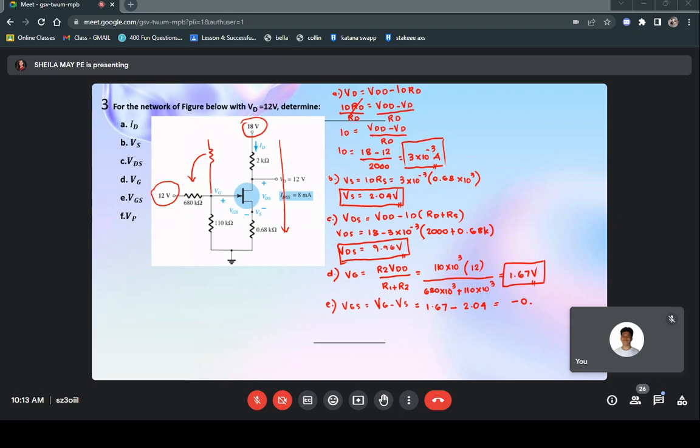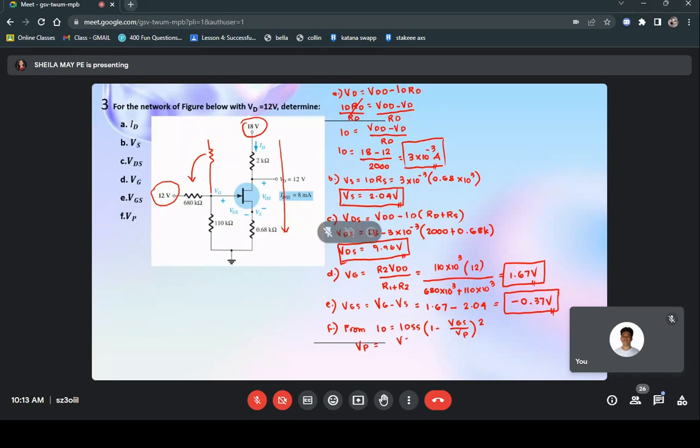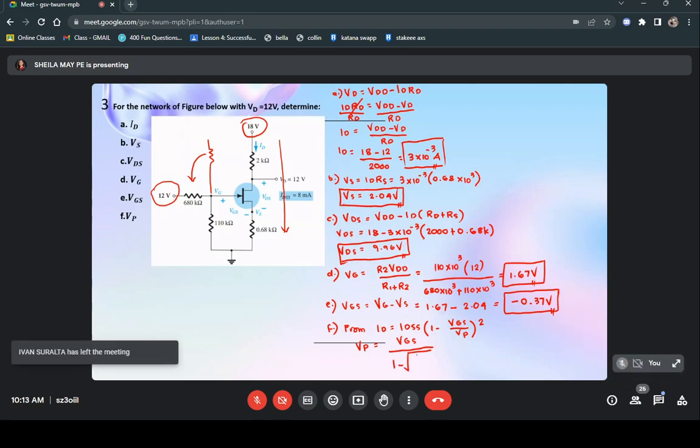0.37, okay. So VP. Okay, so from our Shockley's equation, ID equals IDSS times 1 minus VGS over VP squared. We can have this formula. VP is equal to VGS all over 1 minus the square root of our ID over IDSS.